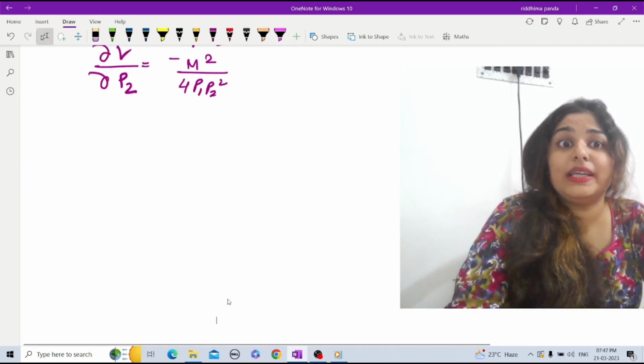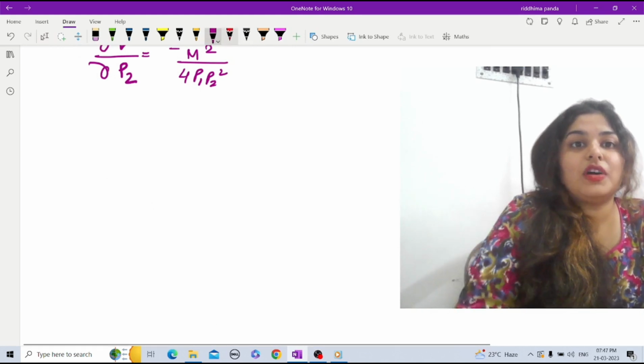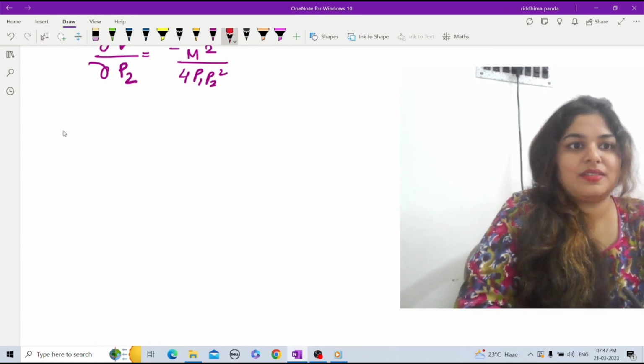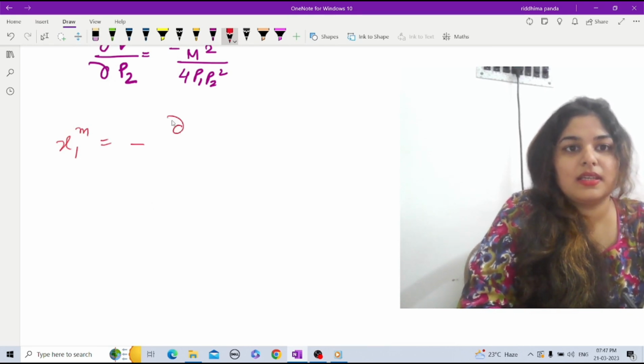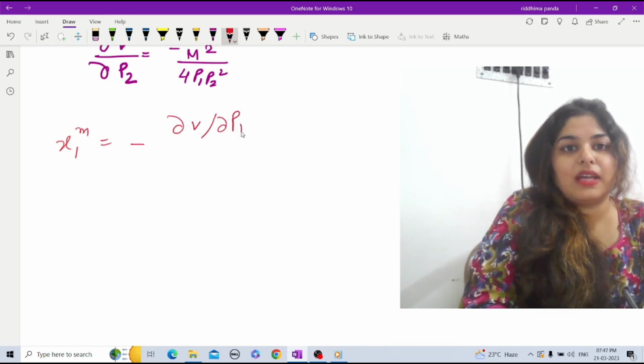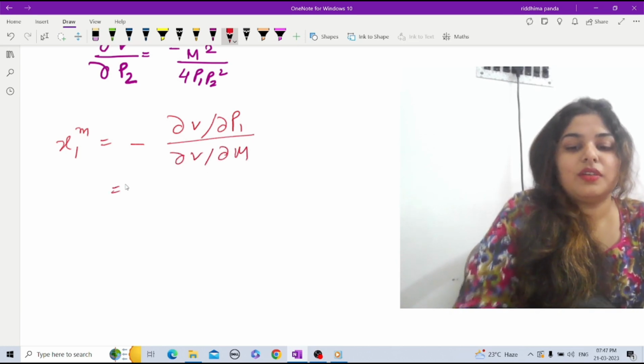Now in order to calculate the demand function of the first good, I am going to use Roy's identity. For the first good, the formula for Roy's identity is minus delta V by delta P1 divided by delta V by delta M. Let's put the values.